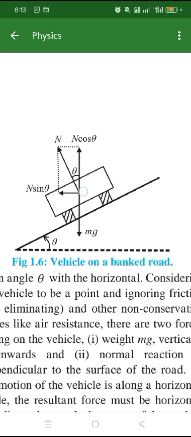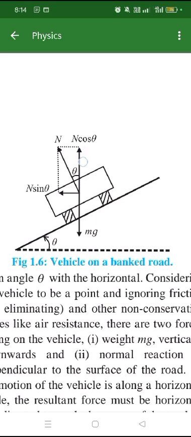One component will be N cos theta. This component will be responsible for balancing the weight of the object, right? The weight of the object, which is acting downward, trying to pull the vehicle down, will be balanced by the cos component of the normal reaction.